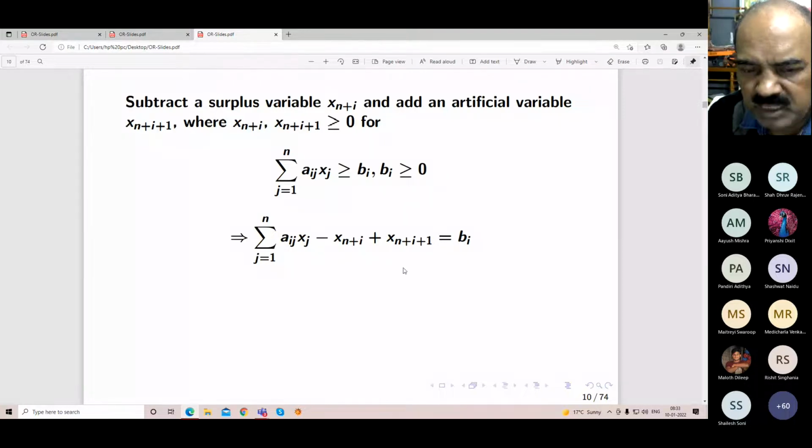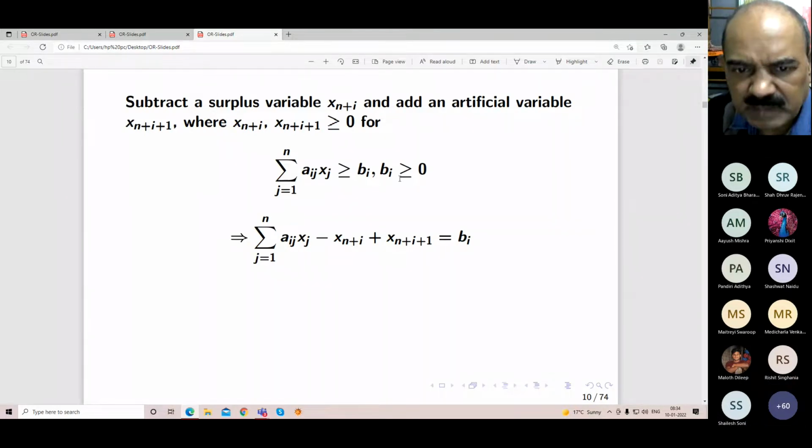This artificial variable is not there. Now I am setting, let us say, x1, x2 up to xn all to 0. Then what will happen to this problem? Minus xn plus i equal to bi.